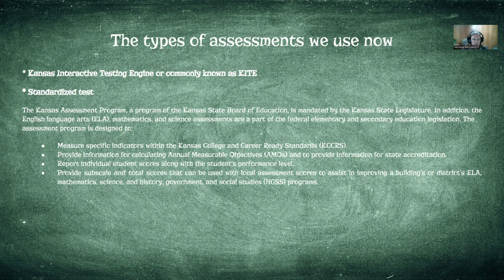It's designed to measure specific indicators within the college and career readiness standards, provide information for calculating measurable objectives, report individual student scores and performance levels, and provide subscale and total scores that can be used with local assessment scores for ELA, math, science, history, government, and social studies programs. So this is what is used right now in the state of Kansas.